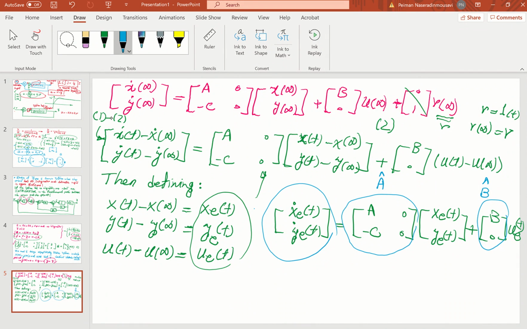So now I'm going to define u e of t, the modified control input, again as a state feedback control law, but this time K times x e of t plus K I times zeta e of t. Now you understand why I defined it like that.